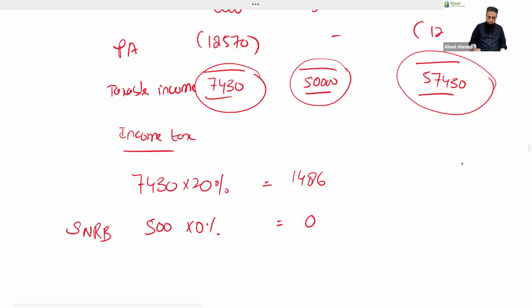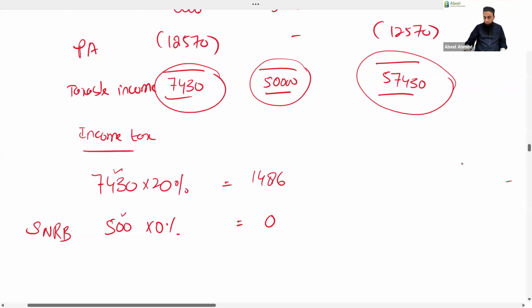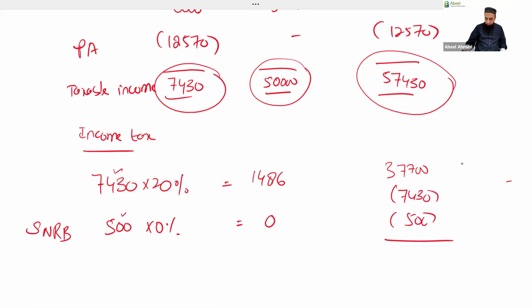So far, we have applied tax rate on 7,430 and 500. So look at this. The limit of basic rate band is 37,700, and we have used 7,430 and 500 as well. How much is left? 37,700 minus 7,430 minus 500. I'm left with 29,770.